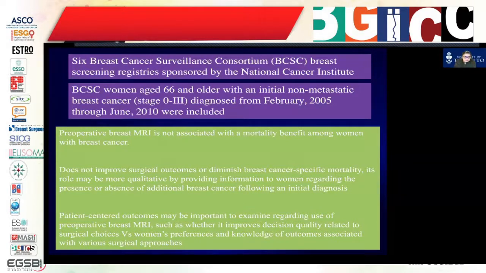And so its role, like they said, was more qualitative in providing information to women and the referring physicians and surgeons regarding the presence or absence of additional breast disease. And then they can choose what they would like to have. So patient-centered outcomes are more important to examine regarding the use of preoperative breast MRI, right? So this was what they proved.